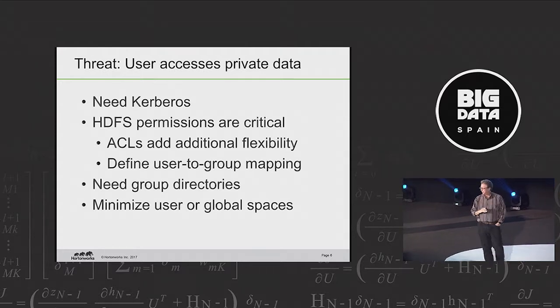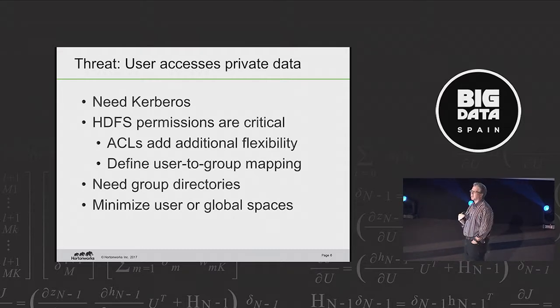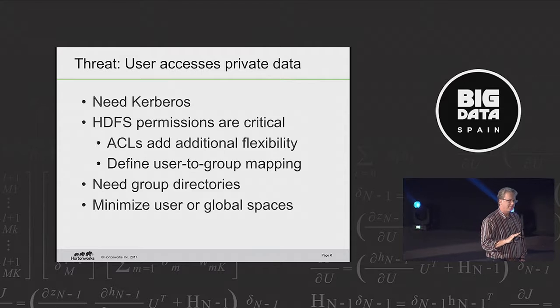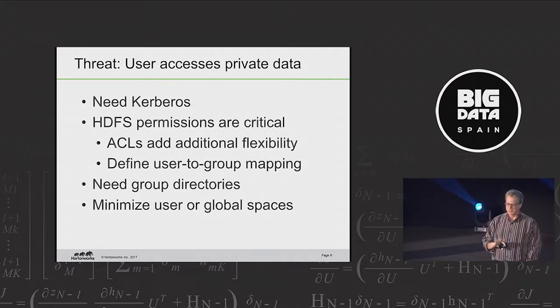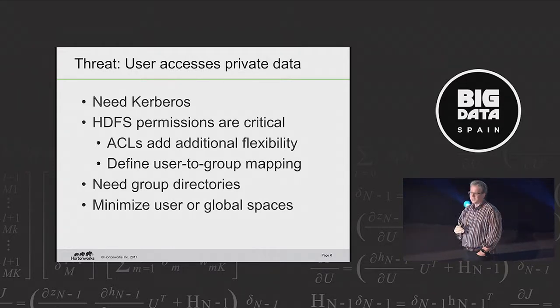Okay, so the next piece that you need to think about is the user group mapping. HDFS, of course, defines things in terms of user, group, other, like most operating systems. We've also added ACLs to give you additional flexibility.